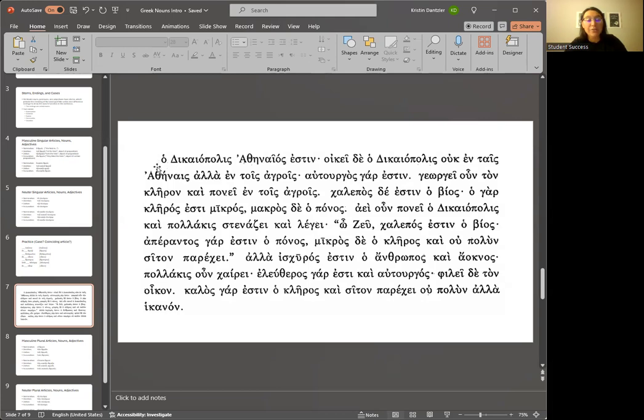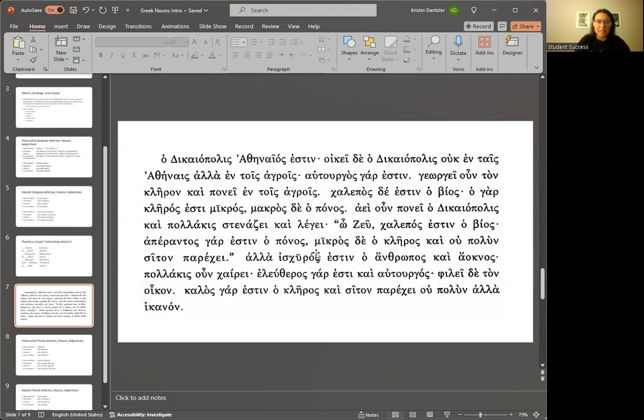For further practice, I would highly recommend going through this paragraph and picking out all of the articles, and the nouns that you recognize in terms of ending. You won't know most of these words, but let's see here.